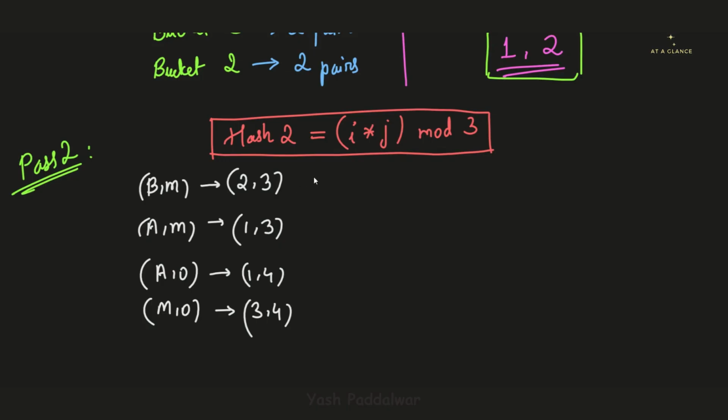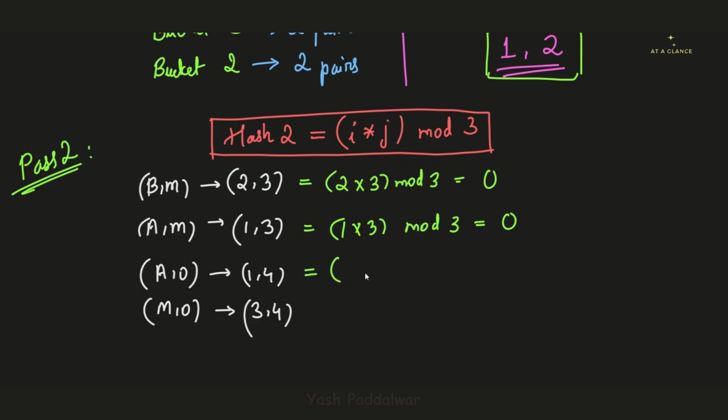So let's start with the pair BM, which has the value 2, 3. Here you can see that it gives us 2 into 3 modulo 3. So 2 3s is 6, 6 modulo 3 is 0. So the BM pair belongs to bucket 0 this time. Next, 1, 3. 1 multiplied by 3 modulo 3 gives us the value 0 again.